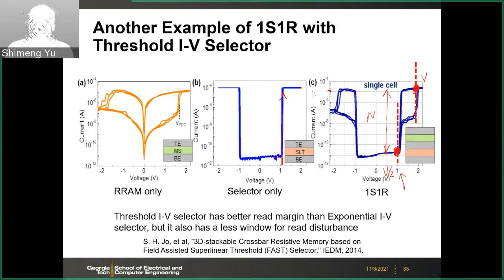So this is like 10 to the minus 5, and this is like 10 to the minus 11. So you get an on-off ratio of like 10 to the power 6. This is pretty good in this example. You can build a large array because you completely cut off the current on the half selected cell.